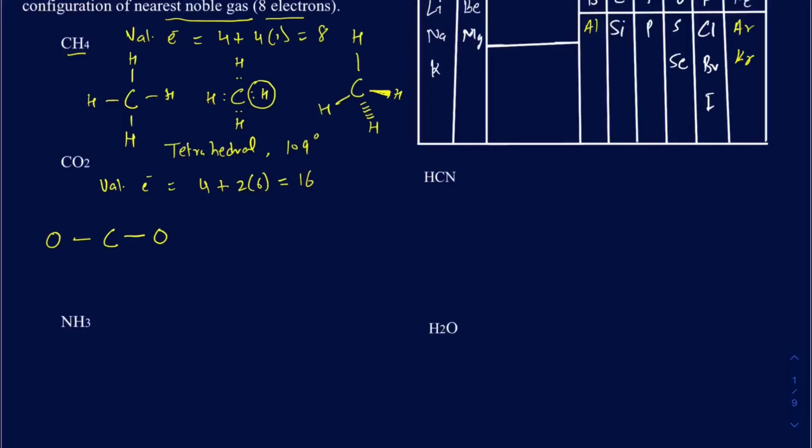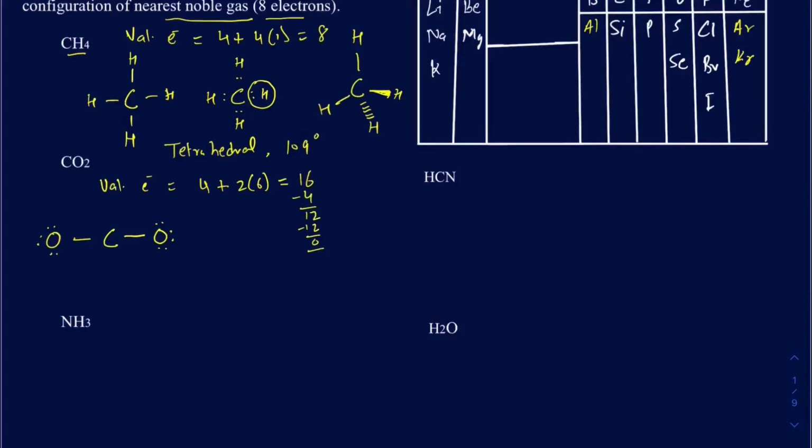And then when you put 2 bonds around the carbon, that uses up 4 electrons, so minus 4, that leaves you with 12 electrons. And then what I can do is fulfill the octets of the surrounding atoms first by placing 6 electrons on each oxygen. And in doing so, you're using up all the valence electrons because 6 electrons on each oxygen uses up the remaining 12 electrons.